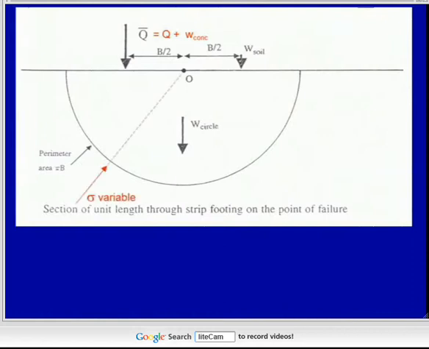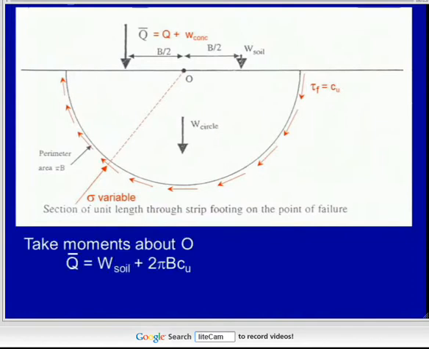And of course, we've got a normal stress all around that failure surface, but it always acts through the point of rotation. And we've got the shear stress there, which, because it's undrained clay, is equal to Cu. And this allowed us to take moments where we got Q bar equals W soil plus 2 pi B Cu.